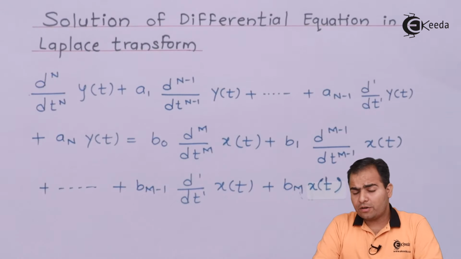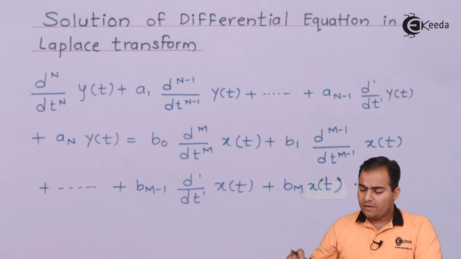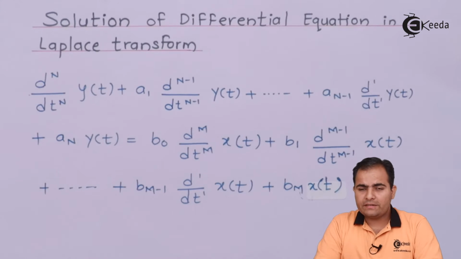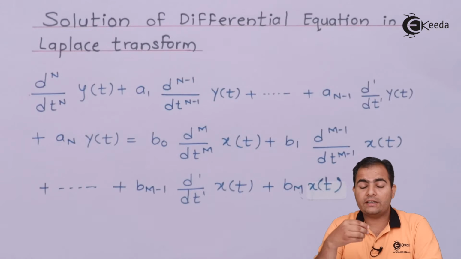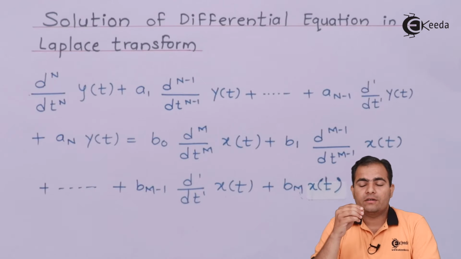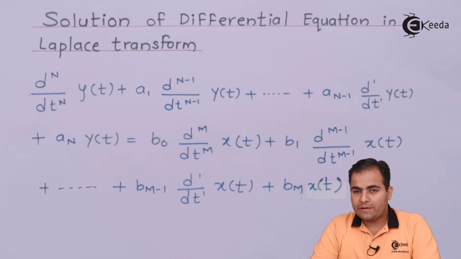Now which formula will you use to solve this? Why is it important? Because whenever we face nth order differentiation, we have to differentiate that function x of t or y of t till nth time, and to deal with such a complicated part, we can use the time differentiation property of Laplace.